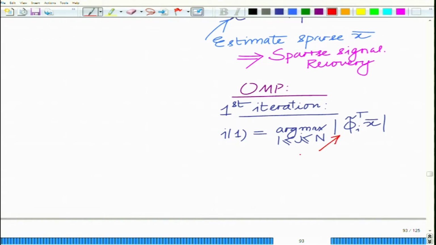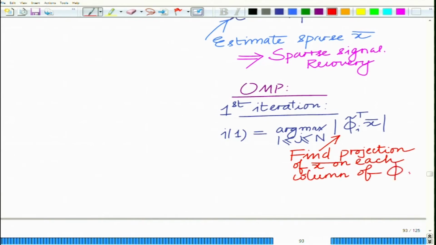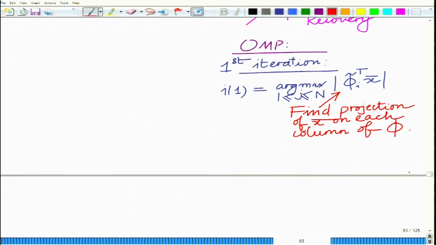So basically what we are doing is finding the projection of y bar on each column of phi.